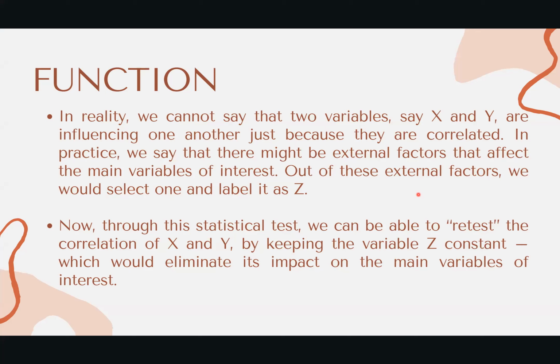Now, through analyzation of the RRL, suppose that we have found out that a certain variable z, say the amount of sleep, can be associated with the main variables of interest.